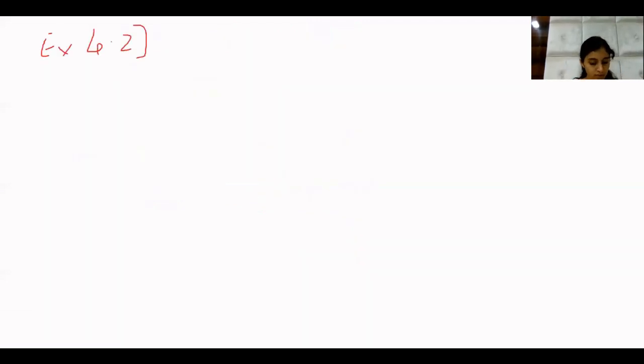Exercise 4.2 says, show that the lines represented by 3x square minus 4xy minus 3y square equal to 0 are perpendicular to each other. The first question itself is very simple. We'll simplify the theory that we just studied.